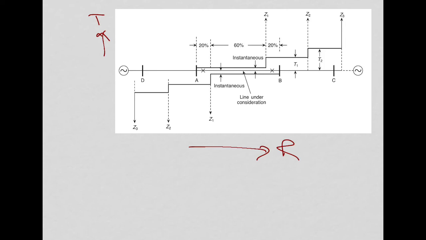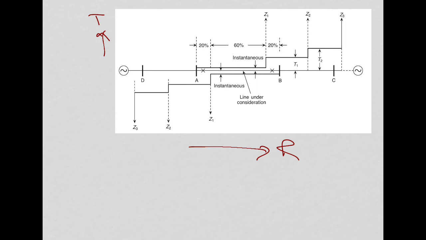Here we have the time, and here we have the reach. It can be seen that only 60% of the line gets the high speed distance protection. The remaining 20% at each end falls in step 2, which is delayed. So this is clearly not a good situation.